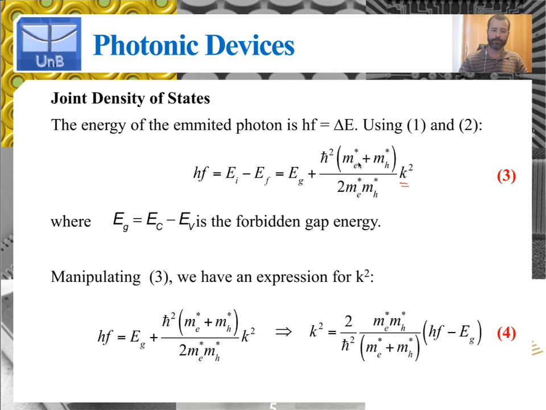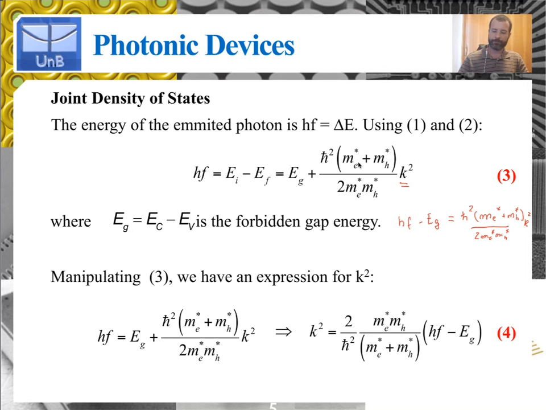If we want to do this, we can pass this Eg to the other side, subtracting, so we have hf minus Eg equal to h bar squared times me star plus mh star divided by 2 me star mh star times k squared.